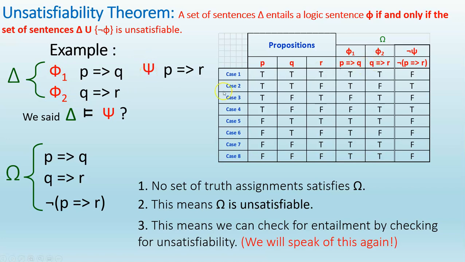And what that means is there can never be a time when these two are true and the negation of this is true. Those can't be true with the negation here being true, because that would be the same as saying these two are true and that's false. And entailment means every time these are true, that has to be true.